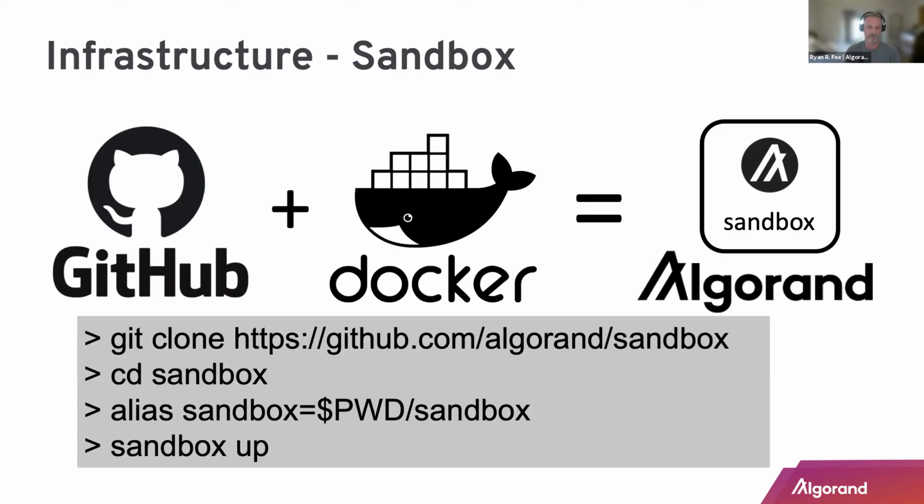All that you need to do is go to GitHub and use your git clone command to find that repository, and then change into that directory. I like to set up an alias so that every time I write out sandbox, it knows which application to call. And then we simply do sandbox up. And that'll bring up a private network.